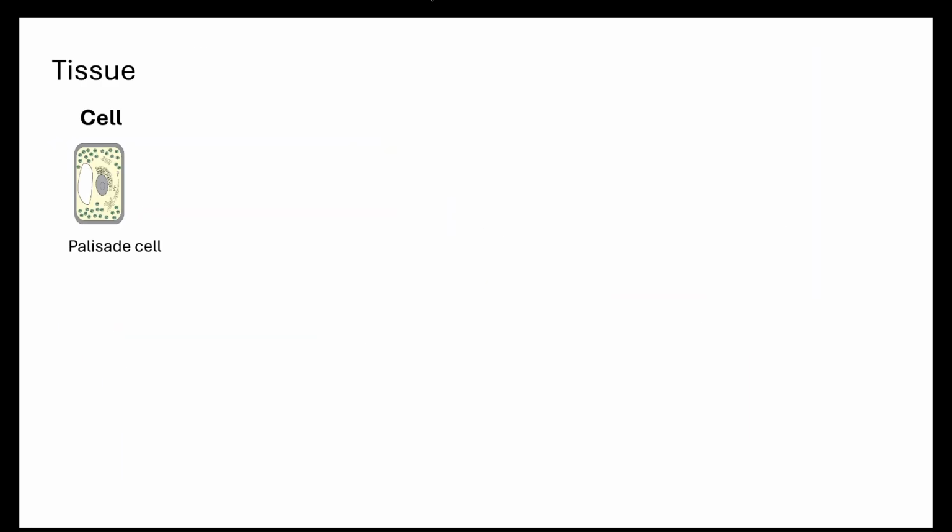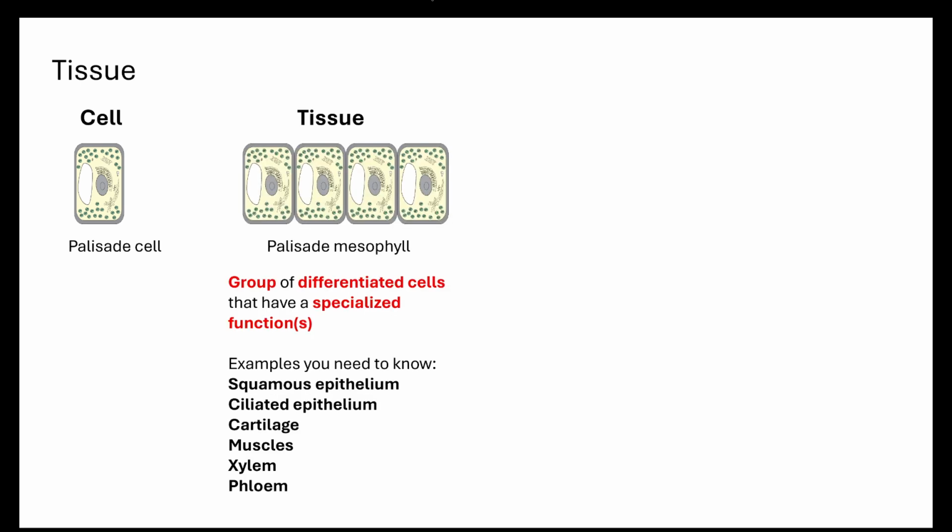When we know that a cell, for example a Palisade cell, has differentiated, and then we have a group of these differentiated cells working together with a very specialized function, we call that a tissue.